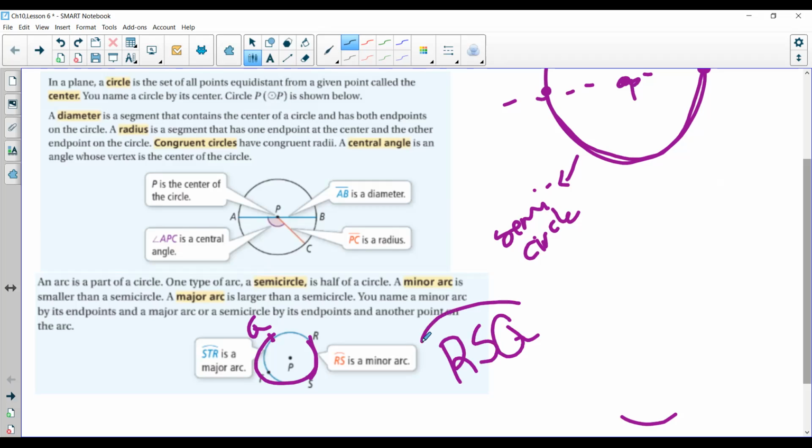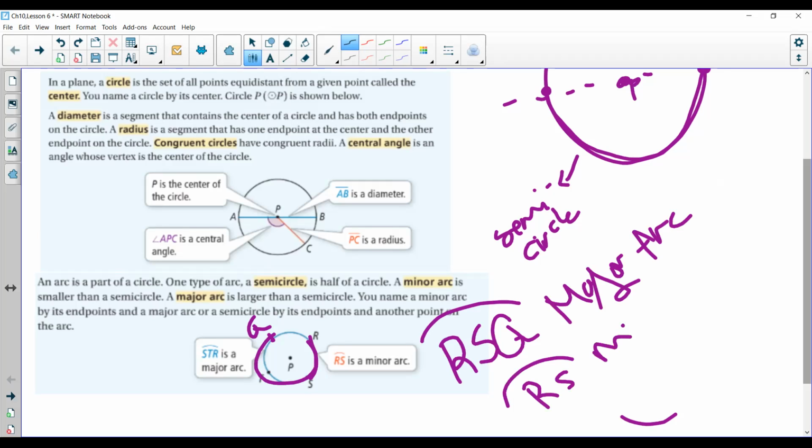I will say arc RSQ is a major arc. But arc RS is a minor arc, and RST is a semicircle.